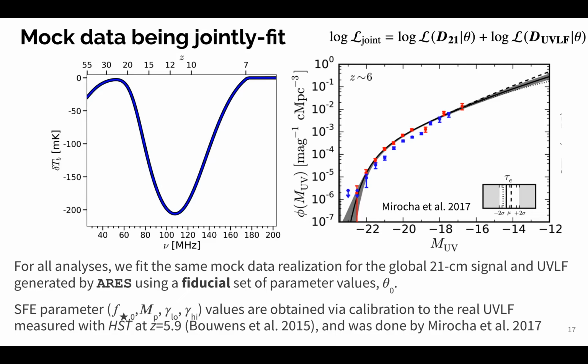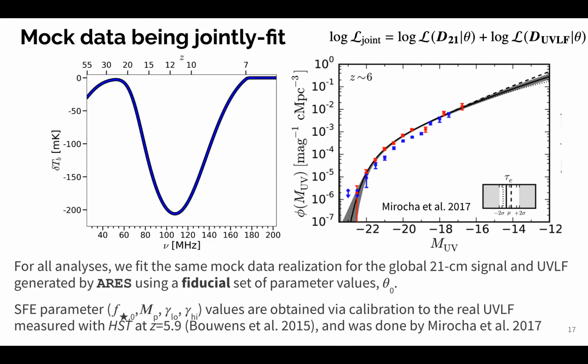For all of our analyses, we fit these same 2 realizations of the global signal and UVLF. And here in the top right, I'm showing what the joint likelihood is. Essentially, we are searching 2 different likelihoods through this parameter space, and then we combine those log likelihoods to form a joint likelihood. So when I say joint fits, this is what I mean.